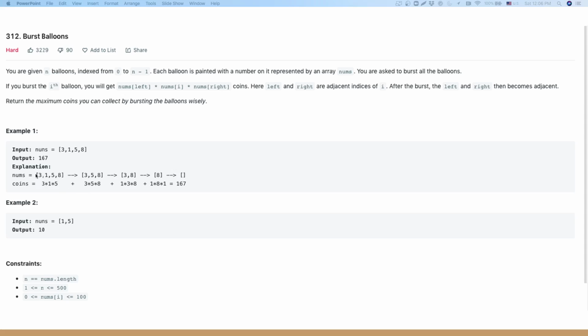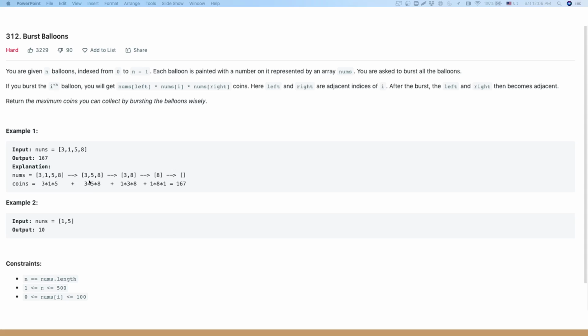Let's check the example given by the solution. So 3, 1, 5, 8. If we burst 1, 1 will disappear in the next round, and within this round we'll get 3 times 1 times 5, and we have 3, 5, 8 left. In this case, we burst 5, and we have 3 and 8 left in the next layer.